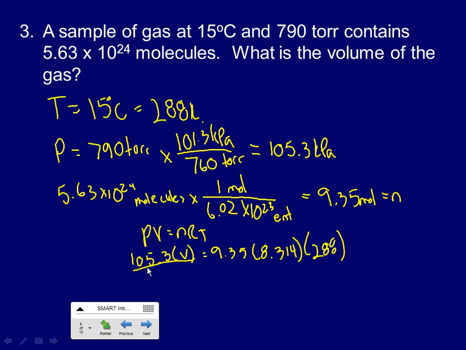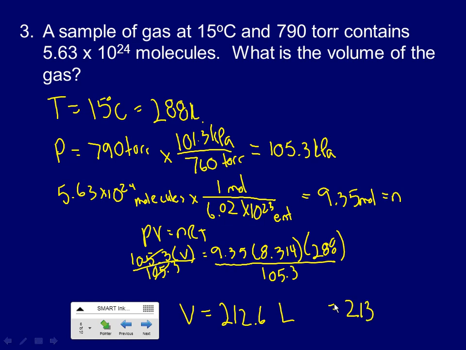Divide off. Jess, what do you got? 112.6. Liters. 3, 4, 3, 4. So probably better at 213.